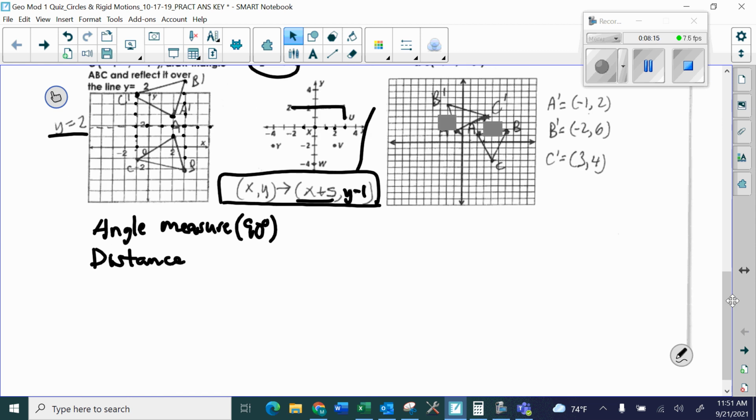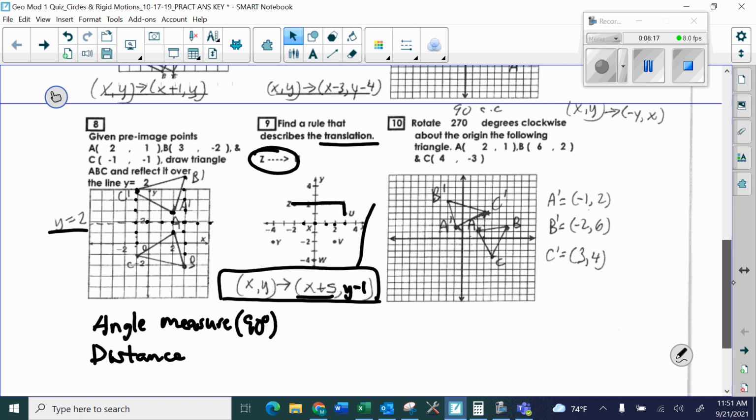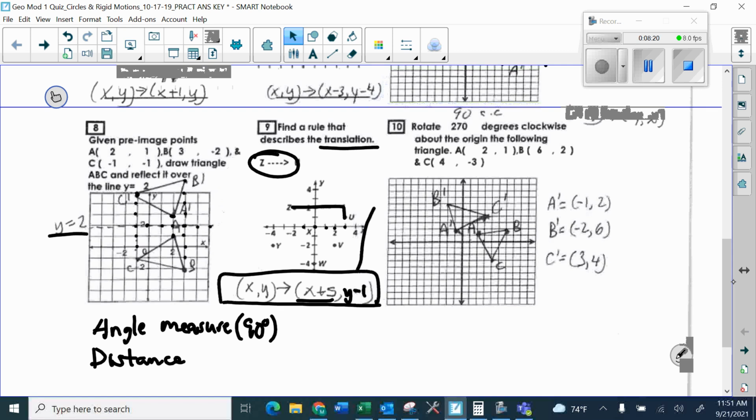Okay. All right. Next one, we're rotating 90 degrees clockwise. Okay, clockwise means negative, so that's like saying rotate negative 270 degrees about the origin. So a rotation of negative 270 is the same thing as a rotation of 90 degrees.